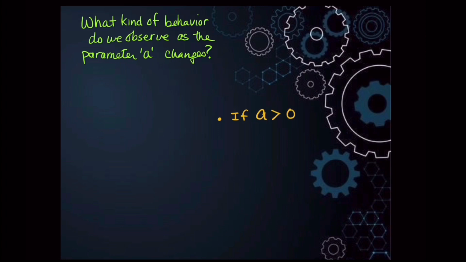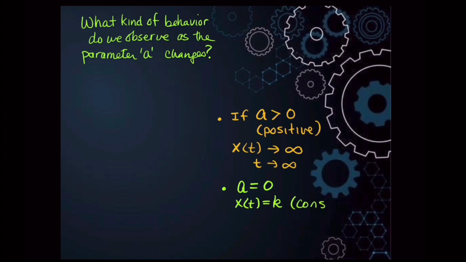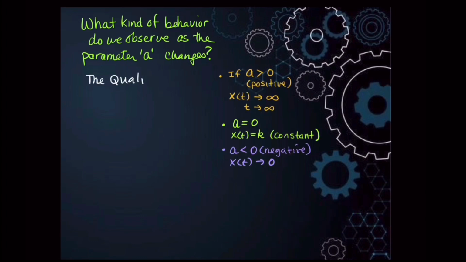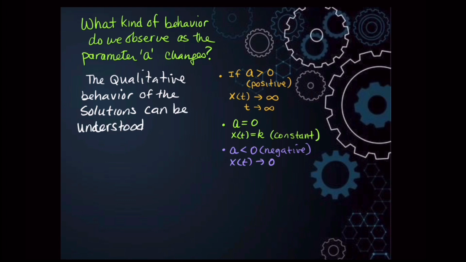Well, first, if a is a positive number, then in our solution, as t goes to infinity, so does our exponential, and therefore its growth. If a is equal to 0, then k is a constant, and x of t is a constant. And if a is less than 0, or negative, then our solution will tend towards 0 like exponential decay does. Therefore, the qualitative behavior of the solutions can be understood and described by looking at different values for the parameter a.